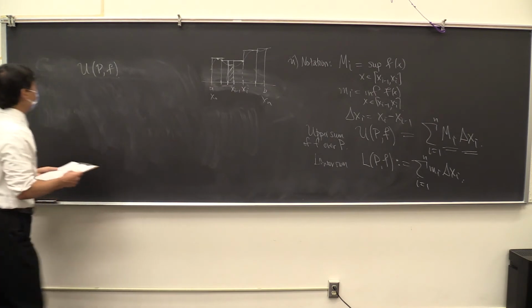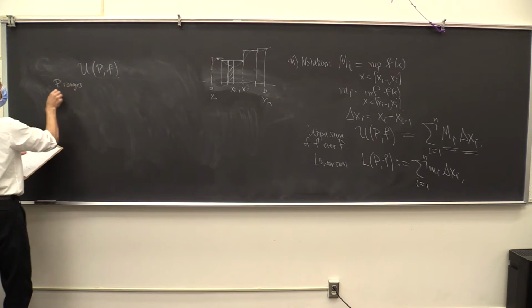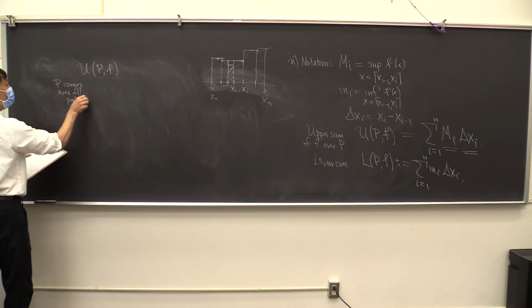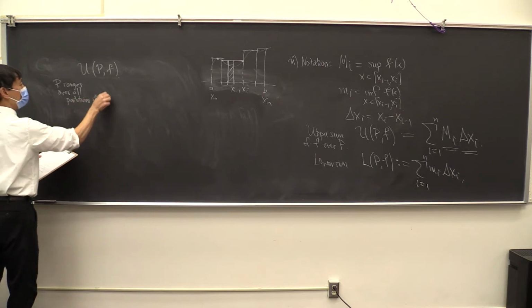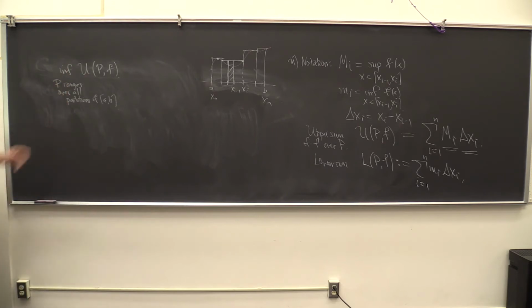Okay. So what I'm going to do is let P range over all partitions of [a, b], and then I take the infimum of all the upper sums.